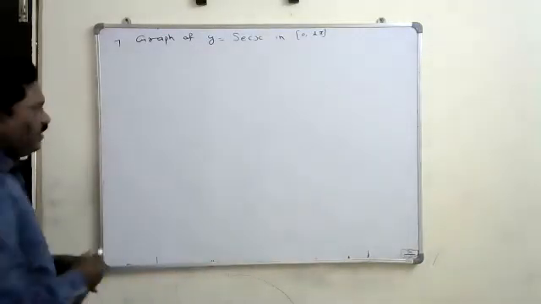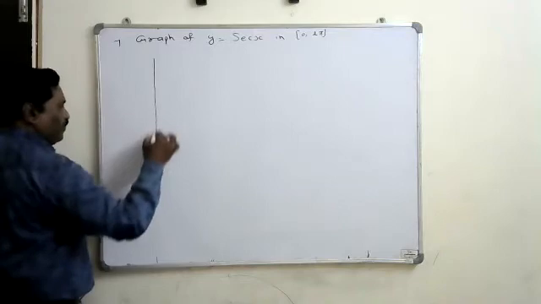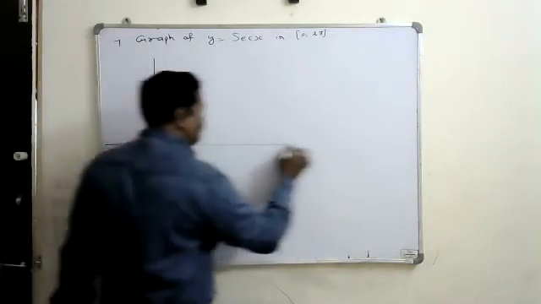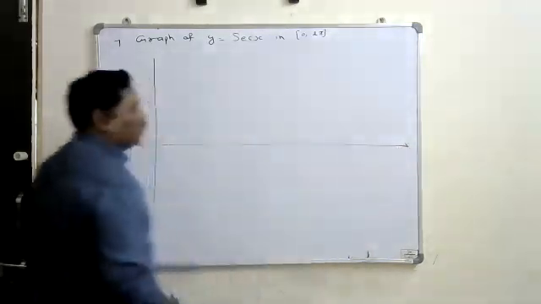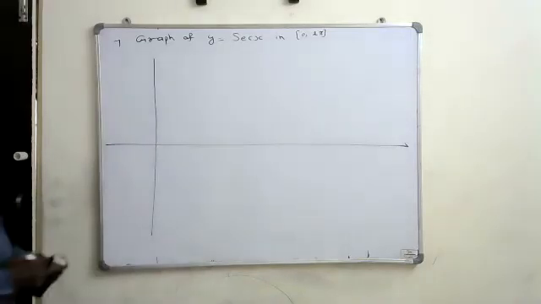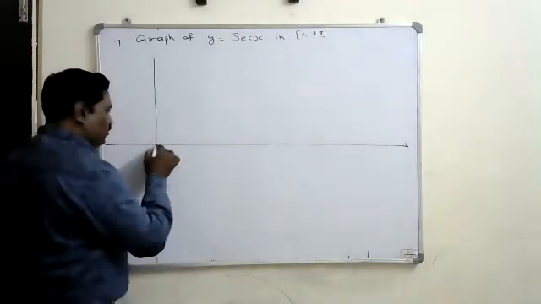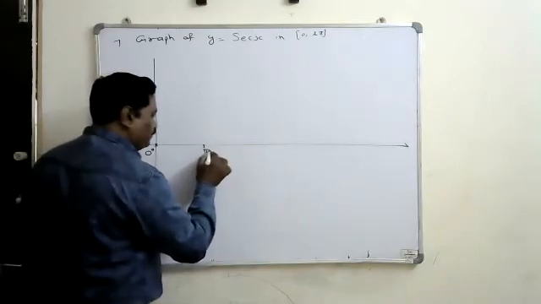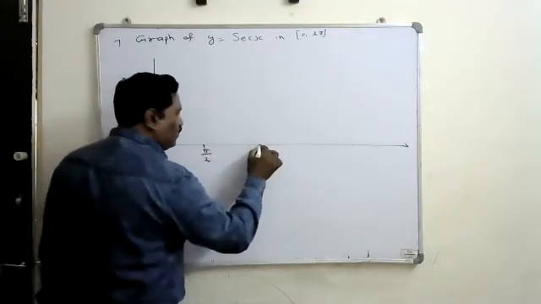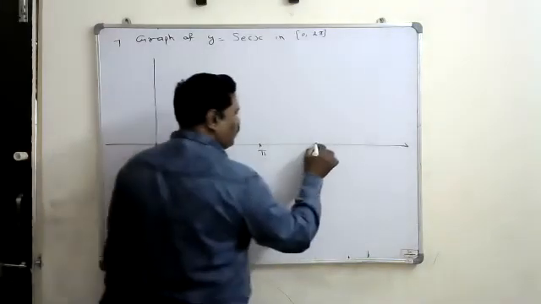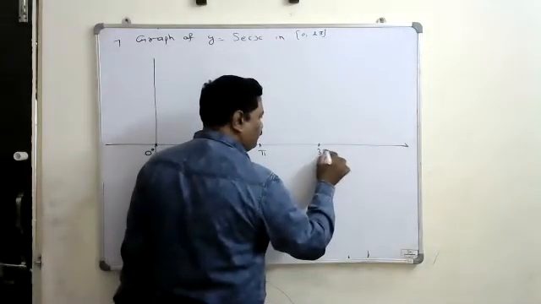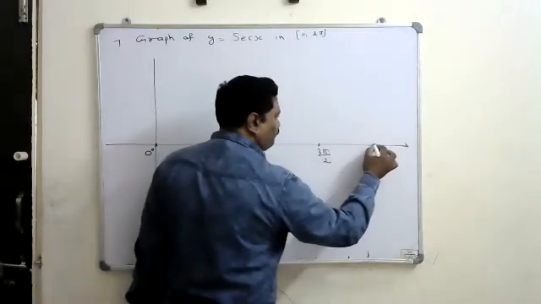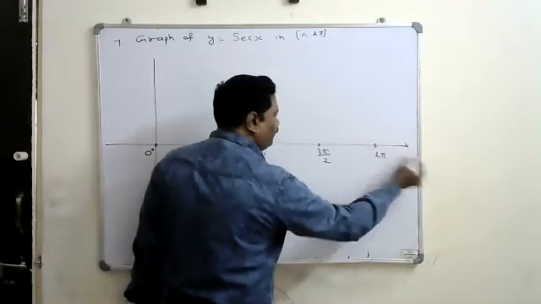So if you observe that, here also take the coordinate axes, the y-axis and x-axis. So we will measure the angles on the x-axis. Start from 0 degrees, pi by 2, pi, 3 pi by 2, and 2 pi. Okay.